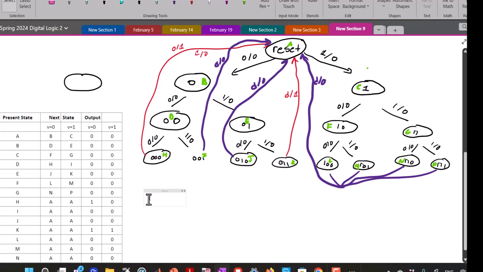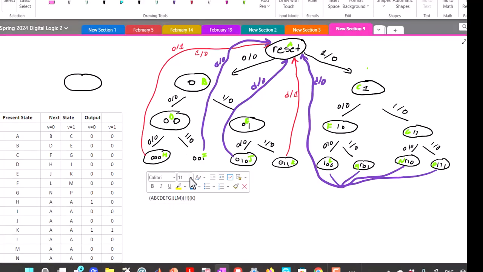Our biggest group is the group that is all zeros, and that is everything except for H and K. Then H has the output of 1 if the input is 0, and 0 if the input is 1, and K has the output of 1 no matter what. Okay, so that's going to be our first partition.